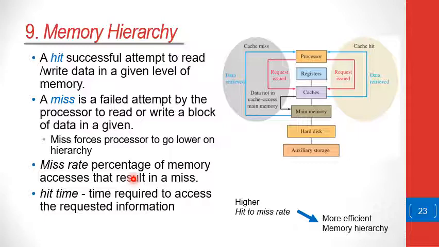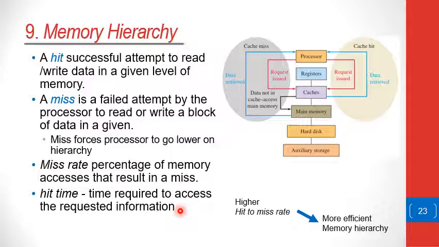What's also important is the hit time. When it does get the information from a particular level, how long does it take to access it? The hit time refers to the time required for the processor, on average, to request the information.